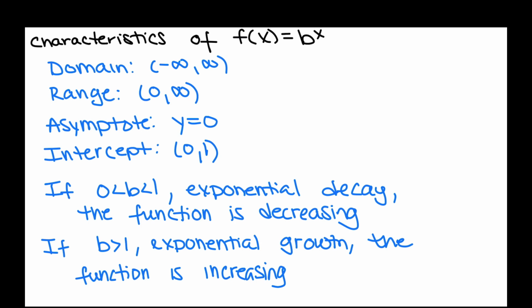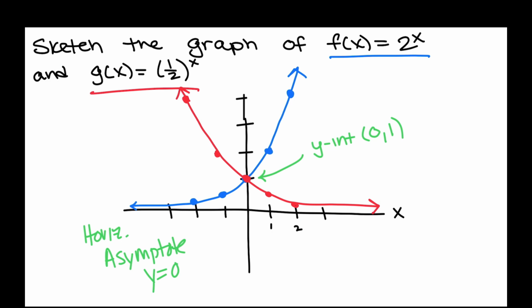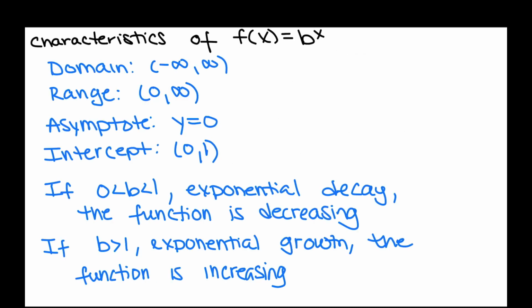We're allowed to have any kind of numbers for exponents, positive, negative, but the range is going to be 0 to infinity. If you look at these pictures, the outputs are always positive. And not including 0, because we have this asymptote. It's approaching y equals 0, but never actually reaching it. So asymptote at y equals 0. We're going to have an intercept of 0, 1.